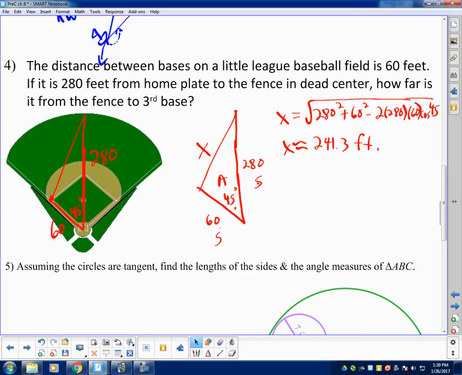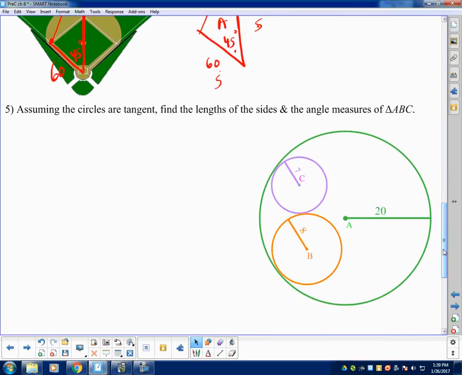All right. It says, assuming the circles are tangent, find the lengths of the sides and the angle measures of triangle ABC. Let's draw triangle ABC first of all. So this triangle ABC, we have this length right here is going to be 15. That goes from C to B. It's just putting together the two radii.